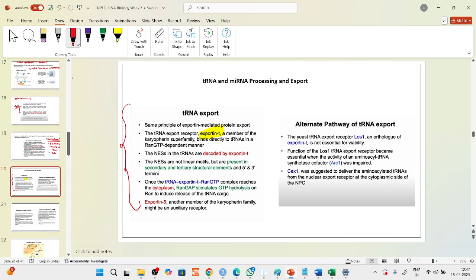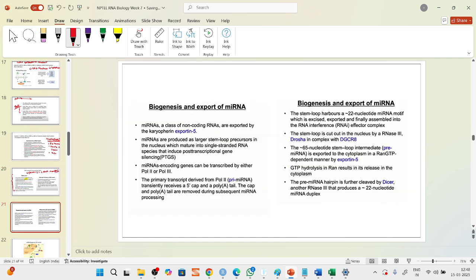I have just included the screenshot so that you can go and read about this. Nothing much to explain. These are self-explanatory sentences just for you to revise and recapitulate. The important point here is that exportin T is needed for tRNA transport.